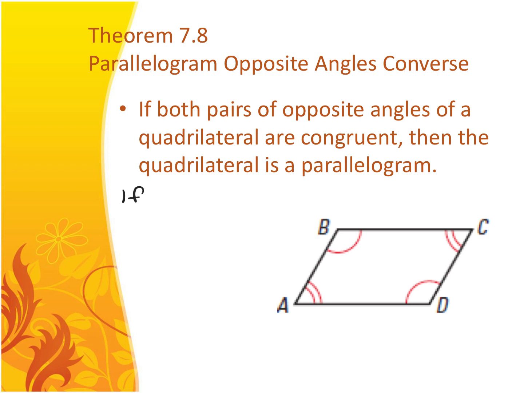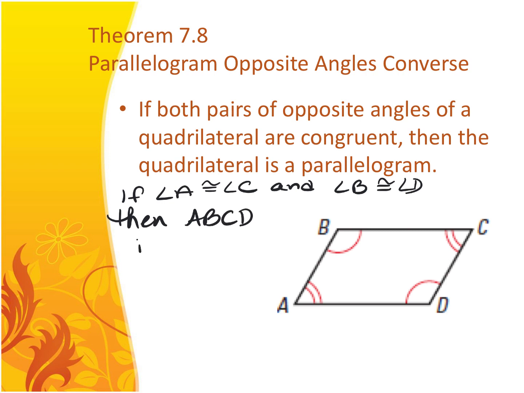I would state that if angle A is congruent to angle C and angle B is congruent to angle D, then ABCD is a parallelogram. Notice the diagonals weren't drawn in, so I was able to name the congruent angle pairs with just one letter. If the diagonals were also drawn into this picture, I would have needed to name these angles with 3 letters.